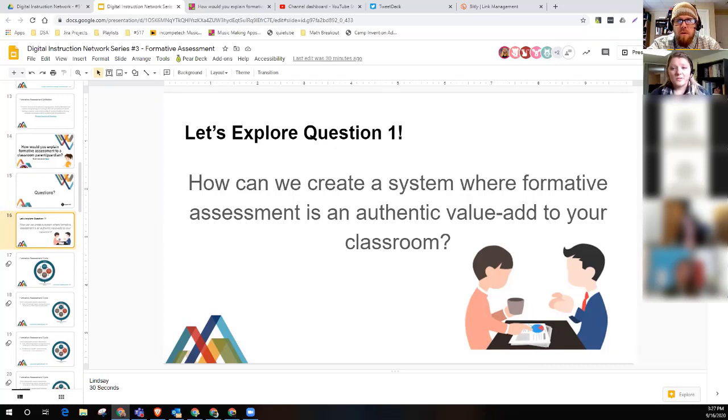I would like to add to that too, listening to what Will's comments are, is looking at the tool, but you also have to look at the kids in terms of, are these tools accessible by all the kids, to be able to get a true formative assessment from students? And that's a fair point too.